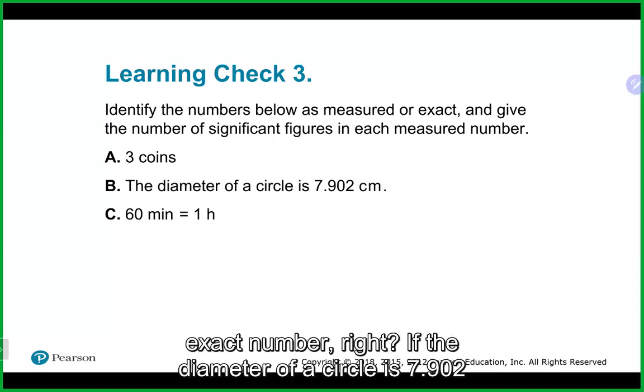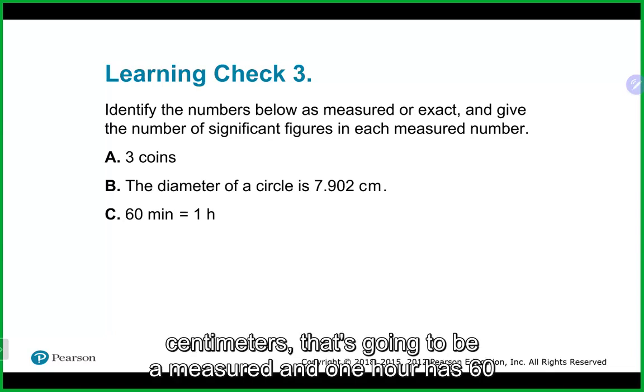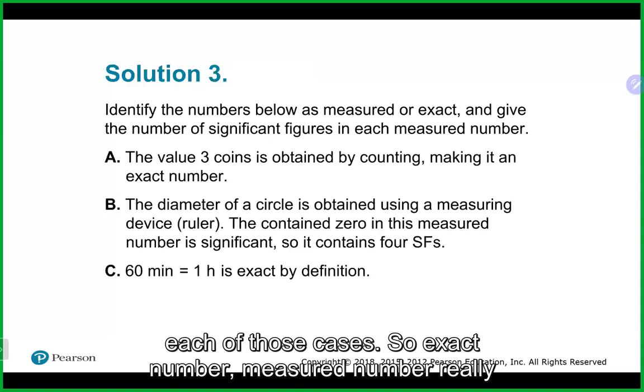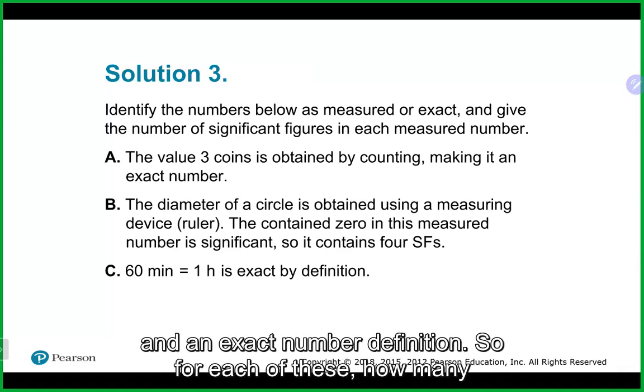If the diameter of a circle is 7.902 centimeters, that's going to be a measured number. And 1 hour has 60 minutes, and that would be a definition or an exact number. So in each of those cases: exact number, measured number, and exact number by definition.